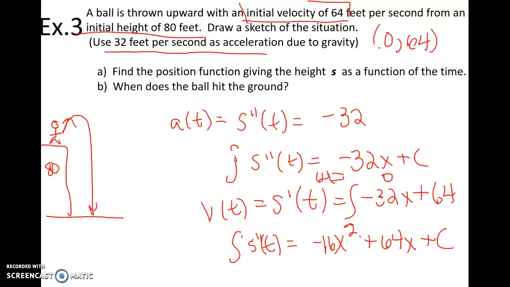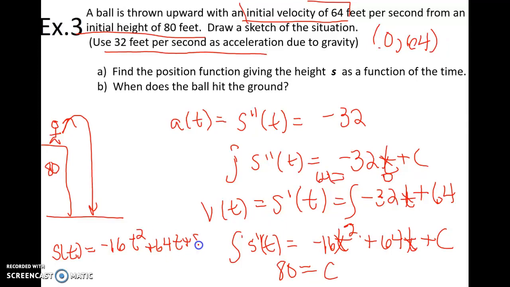So when time is 0, when x is 0, it's going to equal 80. I probably should have used t's here instead of x's, just so you know. Plugging 0 in for those t's, I'll get c is 80. So my final position function will be negative 16t squared plus 64t plus 80.